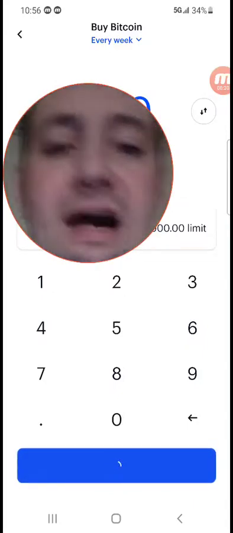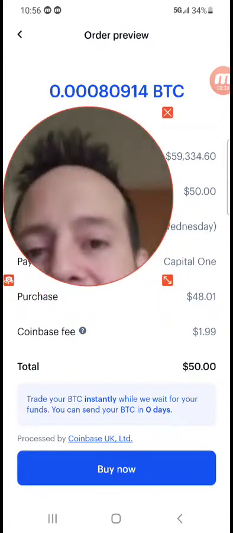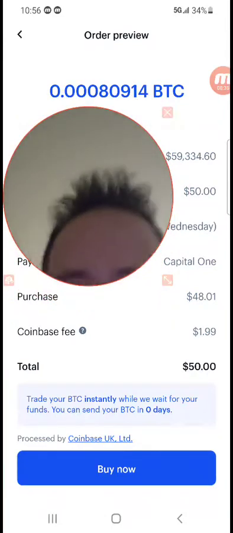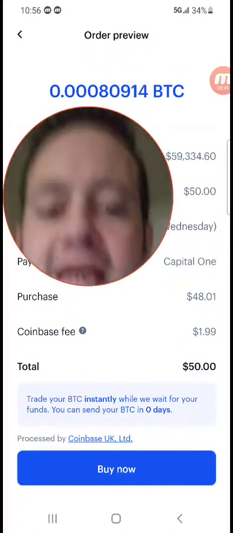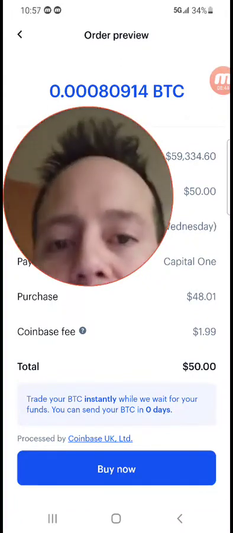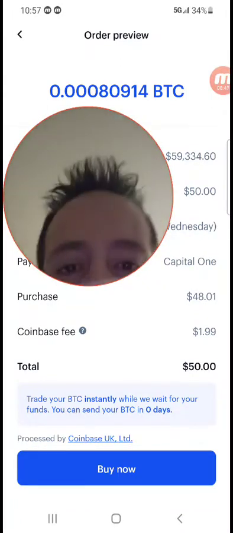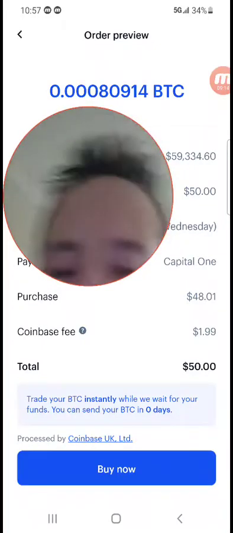I'm going to preview the buy, and that's how much Bitcoin I get right now for $50. I'm paying $1.99 for the fee. It costs $50, and it's going to do this every single week, once a week. And I bought it at $59,344.